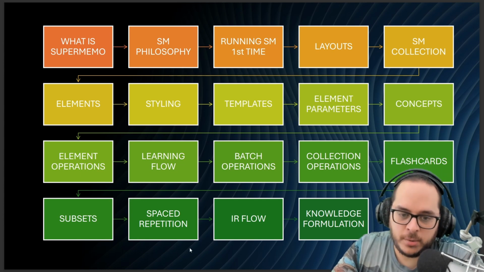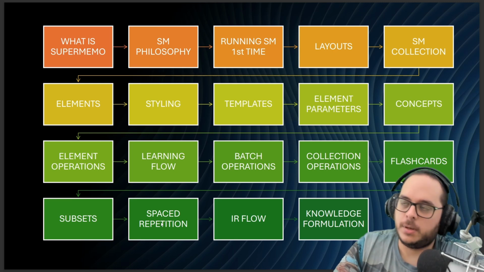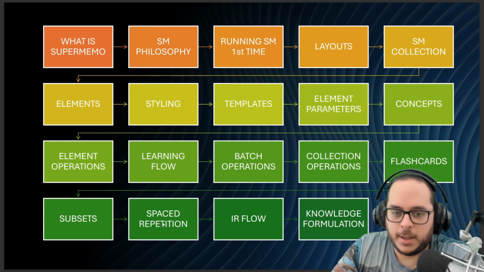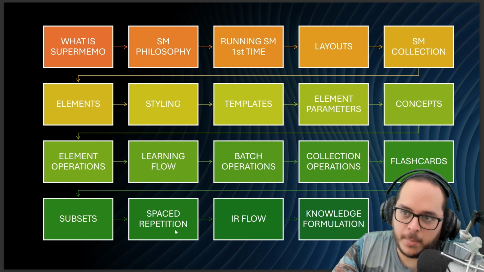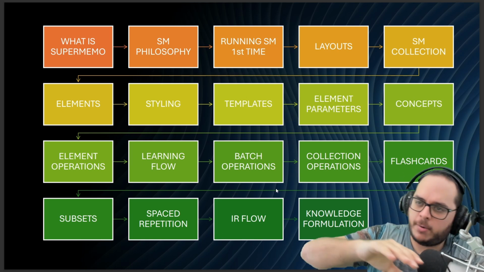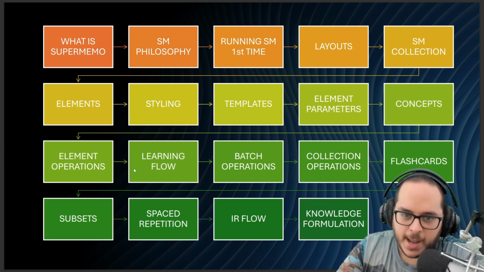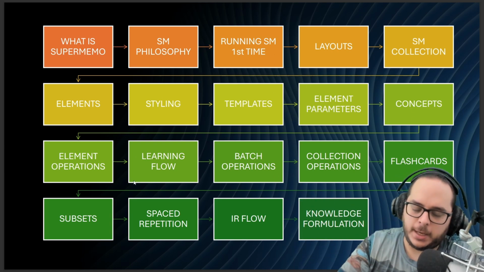Then spaced repetition, I will include everything he covers, even if it's to some degree not required, and is not unique to SuperMemo. Then the incremental reading flow is the more important thing, and it will be the one that will save you more time, because it's just an overview, connecting the dots, everything you have seen before, and it's not covered by Fowl at any point.